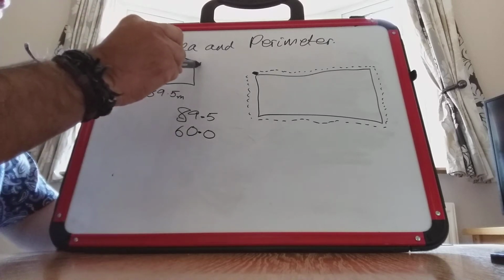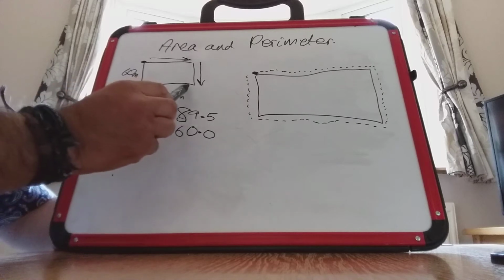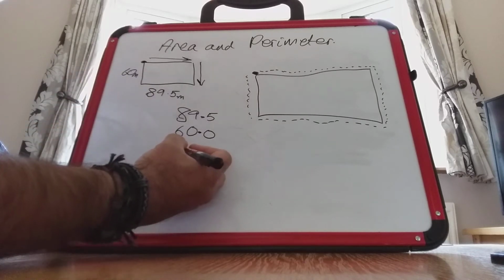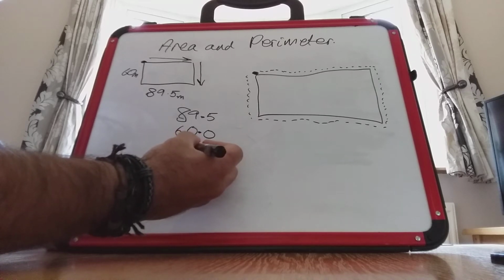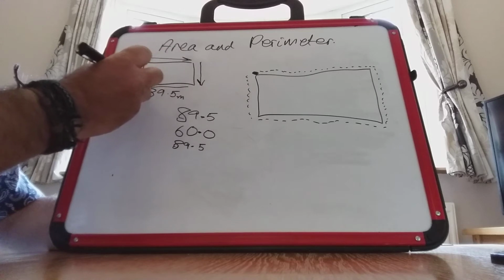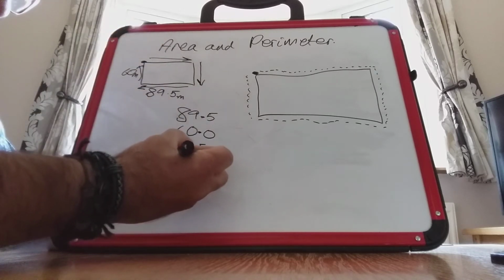So if we draw another arrow down there, that's the distance they've traveled so far, and then along horizontally another 89.5, and then up another 60 meters.